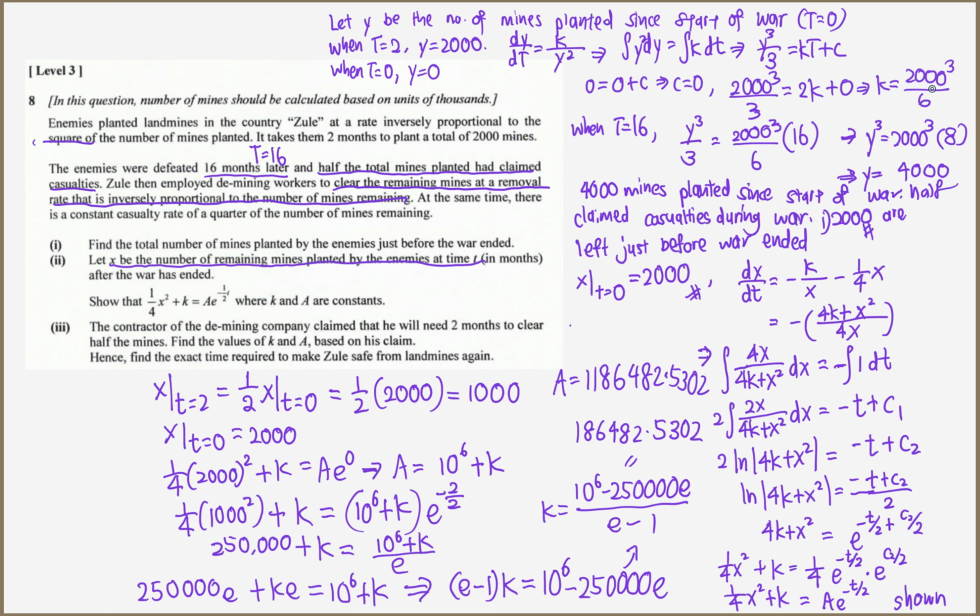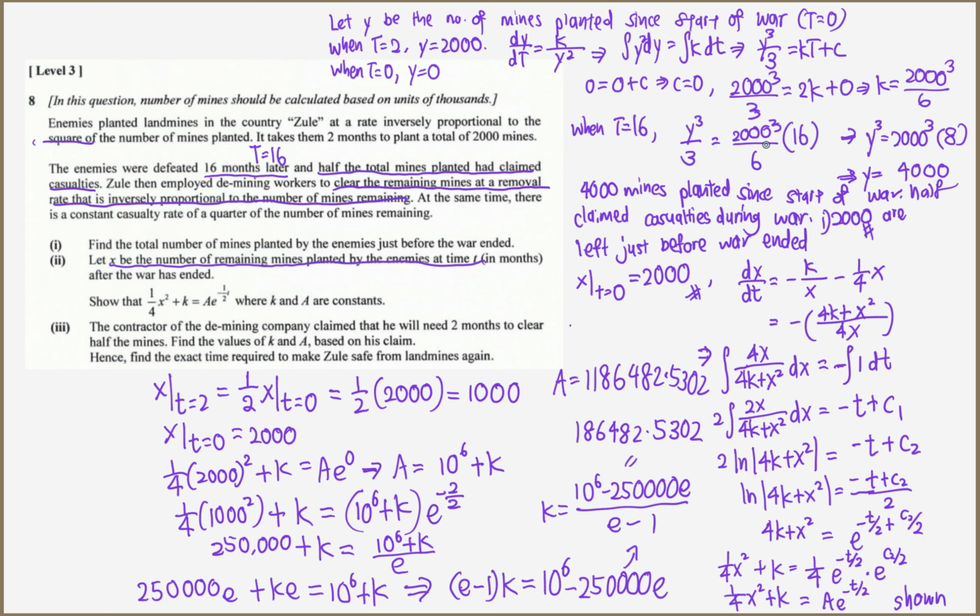So we sub this information back into the original equation again. Then we get y cubed over 3 equals 2,000 cubed over 6 multiplied by 16, because I want to know when the war ended, which is 16 months later, what is the number of mines planted. So I substitute 16 into t, and k is just what we found earlier, c equals 0.